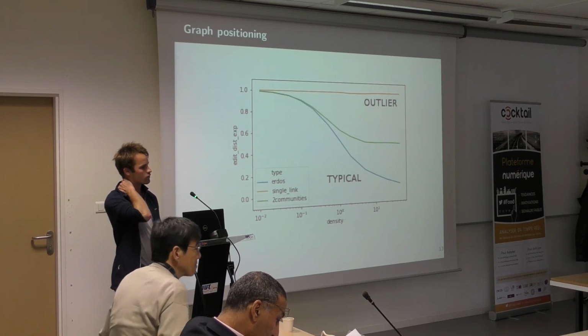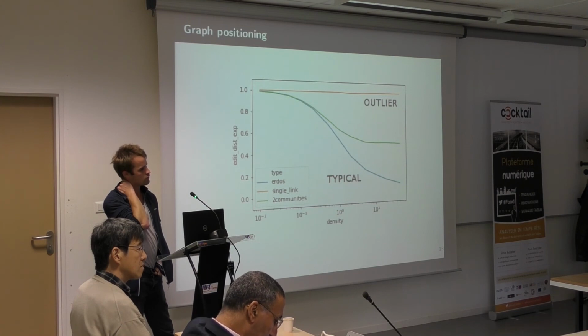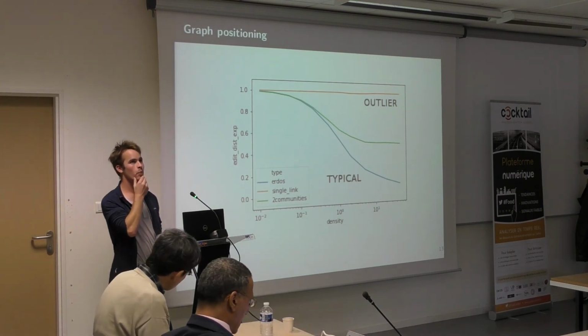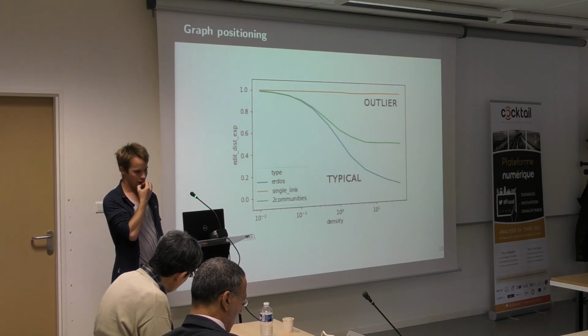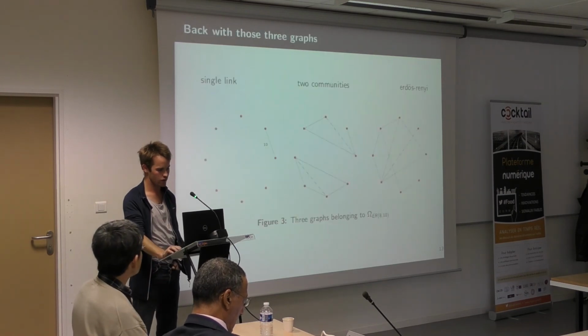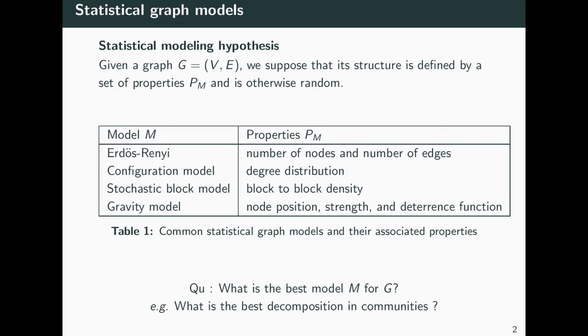Maybe I'm off topic, but if I give you a graph, would you be able to use a method like this to find subgraphs that are outliers for some reason, and do anomaly detection in graphs, basically? In all that we've done for the moment, for all models considered, and for example the one I introduced here, one property that is always set is the number of nodes.